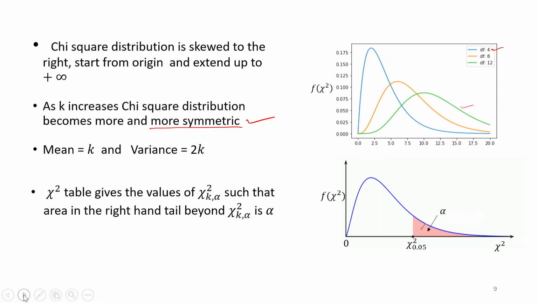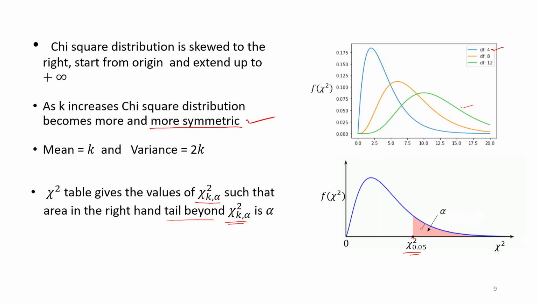So chi-square table also quotes the values of chi-square for a given value of alpha, where alpha indicates the area on the right hand side of chi-square value, as it is shown in the diagram. So chi-square table gives the values of chi-square k alpha such that the area in the right hand side tail beyond this point, chi-square k alpha, is alpha.